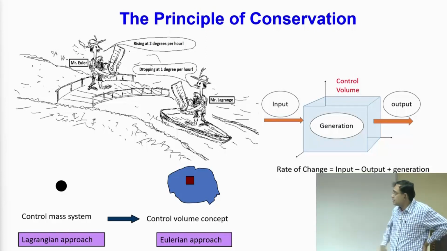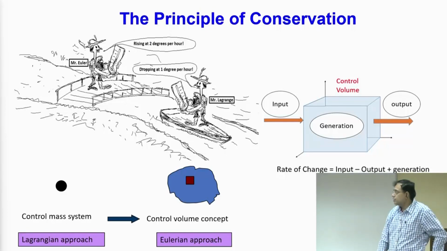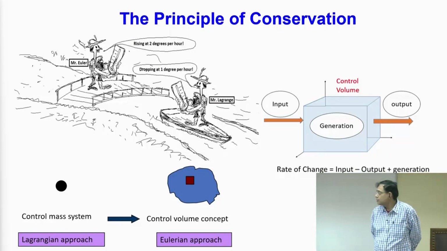To give an example, this is like a river, and someone is interested to study the movement of water in the river as this boat is going along. One particular approach is that someone is sitting or standing on the boat, and that person is trying to understand the water flow with respect to what is seen from the boat.